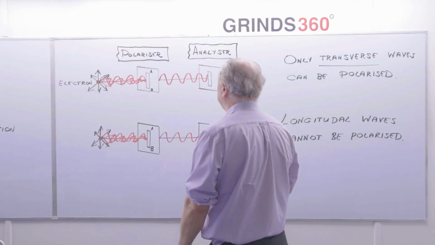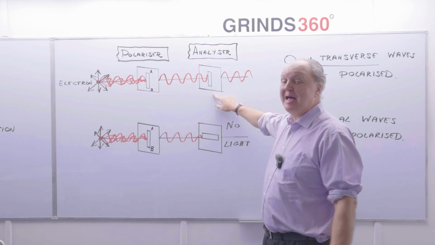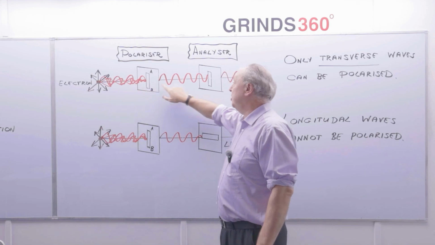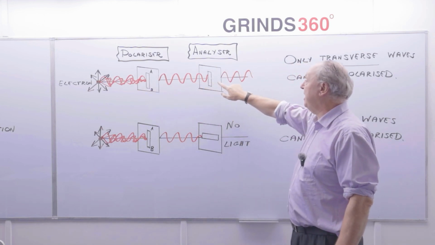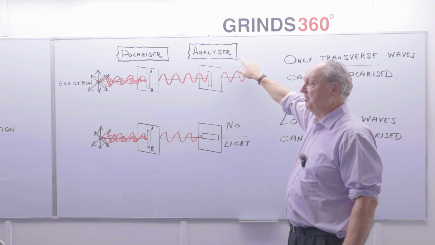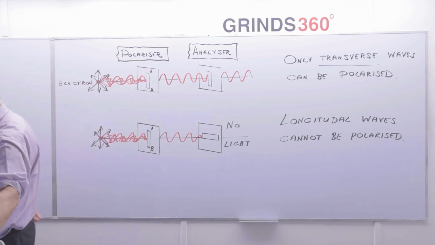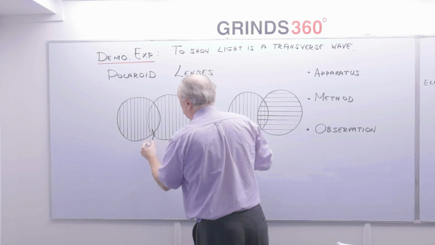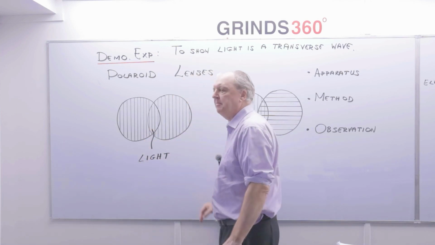In other words, the polarizer gap and the analyzer gap are parallel to each other. So the unpolarized light turns into polarized light. And because those gaps are parallel, that polarized light will pass through the analyzer. So when the gaps are parallel to each other, you'll see light passing through there.